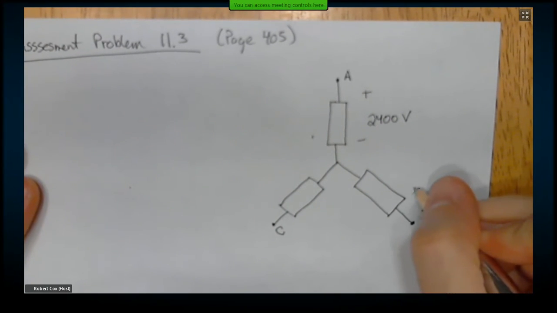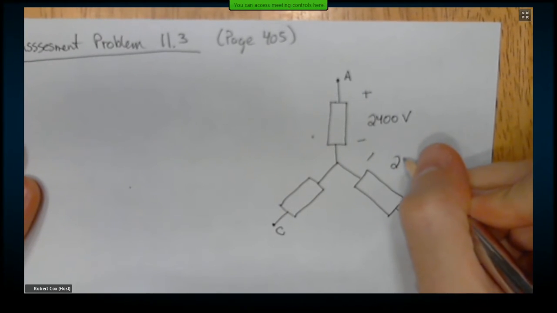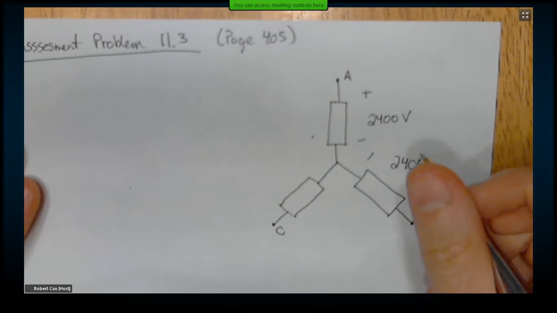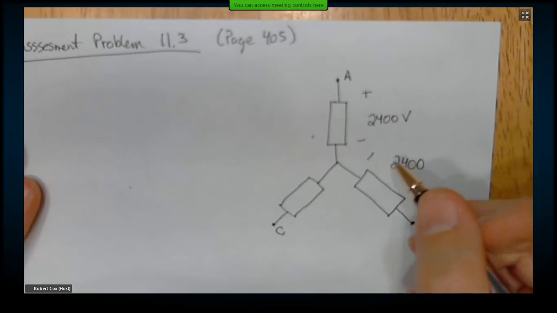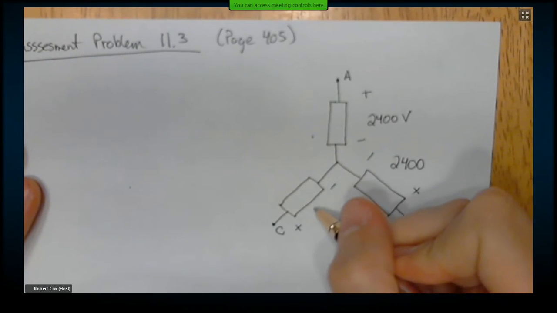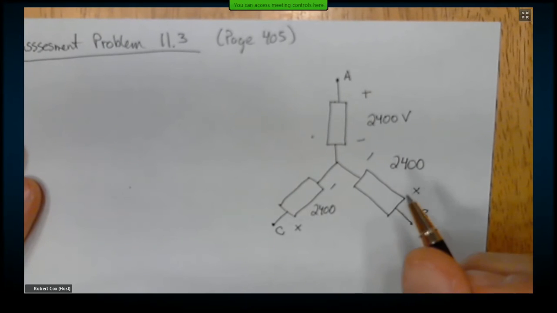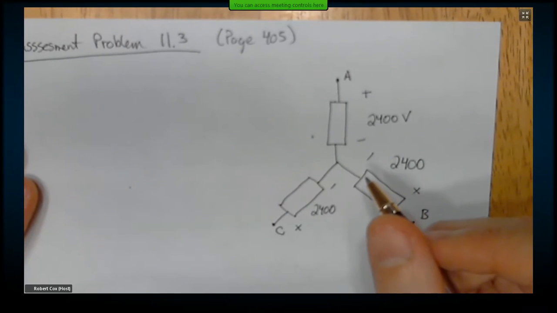That tells me this is 2400 volts. There's 2400 volts across each of these. Now the phases are different. I'm going to get to the phases as I go. I'm going to keep reading the problem.